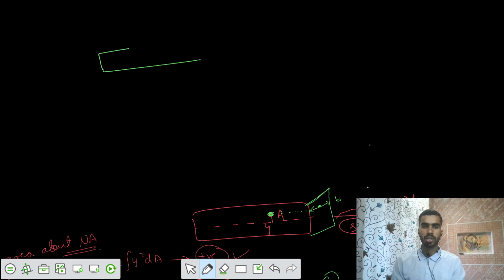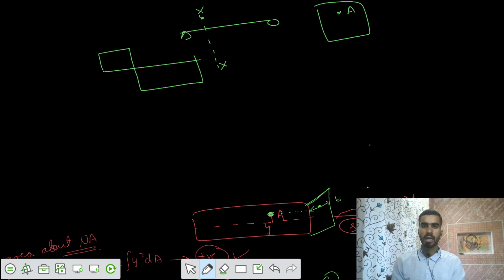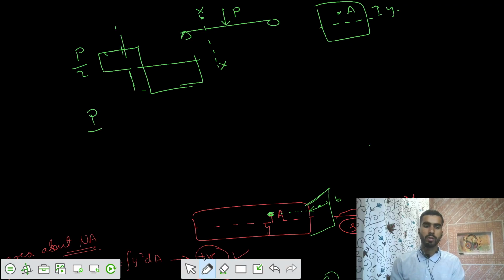Let's say the shear force diagram was in this way for the point load, and you wanted to say what is the shear force at this x cross section, at point A above the neutral axis at a distance of y. Let's calculate the shear force here because of point load P at the midspan. The shear force diagram is P by 2, and it's a constant value up to the mid. So the shear force here at x is equal to P by 2.